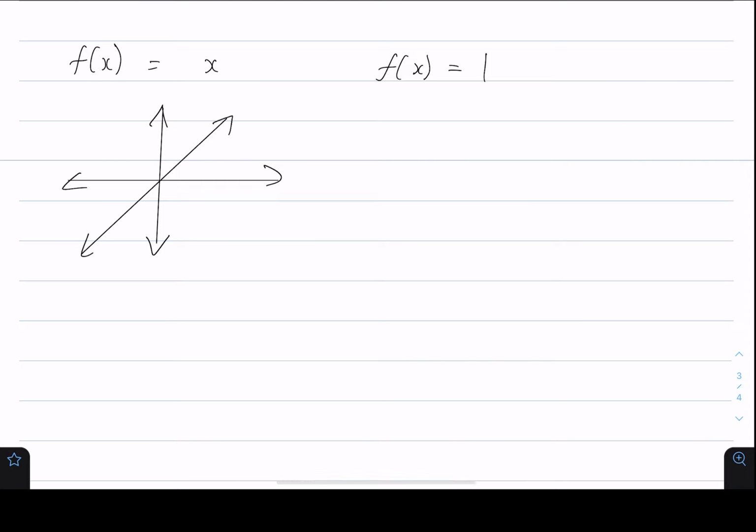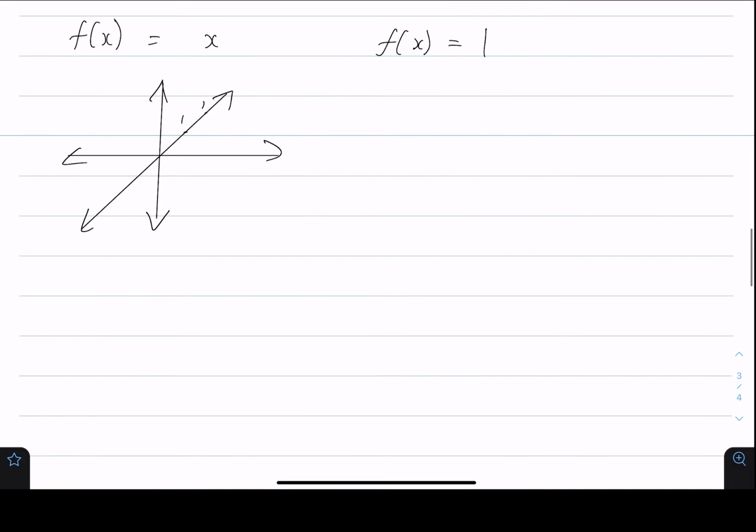Now the gradient of this graph at every point along it is going to be 1. That's because the curve is a linear curve, it has a constant gradient, and we know that the rise over run is 1 because y is increasing at the same rate as x is. So we can say that f dash of x, the gradient function, is just 1 because the gradient is 1 everywhere.